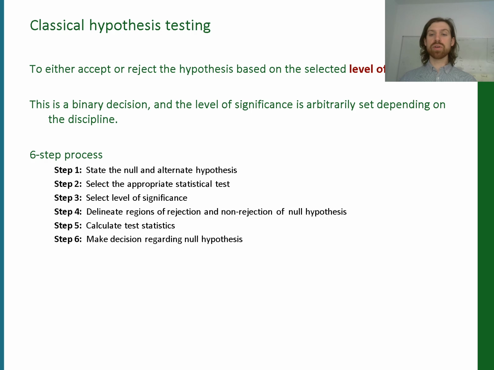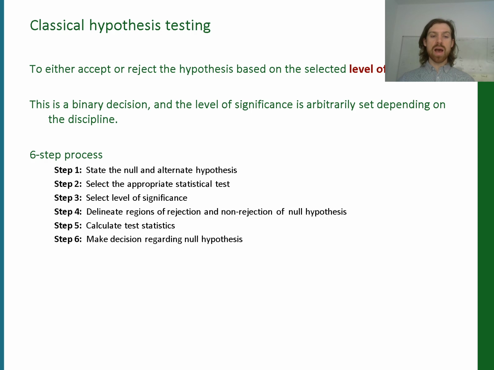And the level of significance is arbitrarily set depending on the discipline, which I've covered before, but which is really important. Maybe not so much in spatial science, but if you work in medical science, then the significance level is essential, because if you're going to administer a medical treatment to someone that you think might have some sort of disease, and there's some sort of downside to that medical treatment, it could cost money, it could also potentially cause negative health effects on the individual.